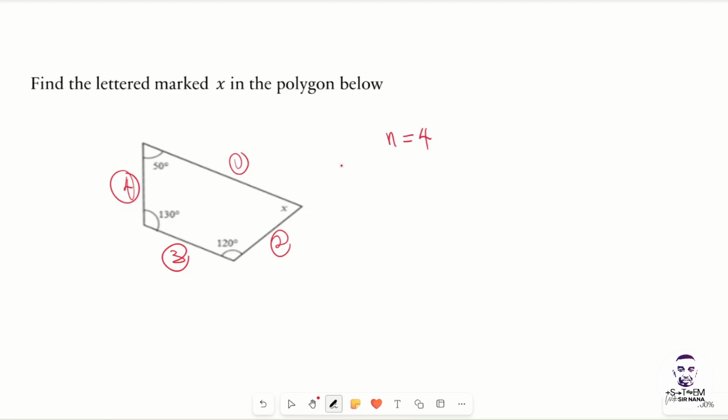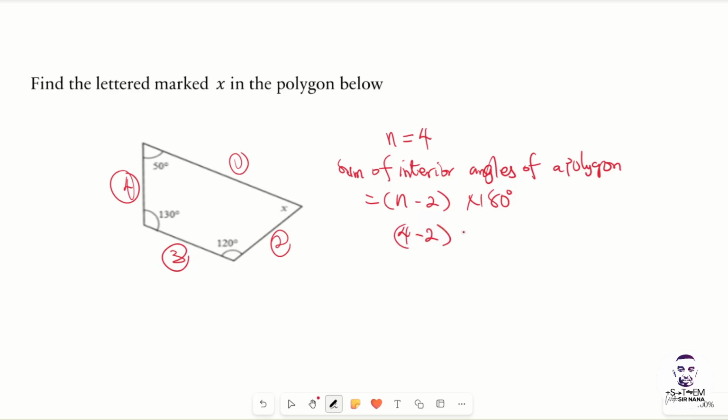And then the sum of interior angles of a polygon will be equal to n minus 2 multiplied by 180 degrees. So it means you have 4 minus 2 multiplied by 180 degrees, and that would give us 2 multiplied by 180 degrees. And it means that the sum of interior angles of this polygon will be 360 degrees.